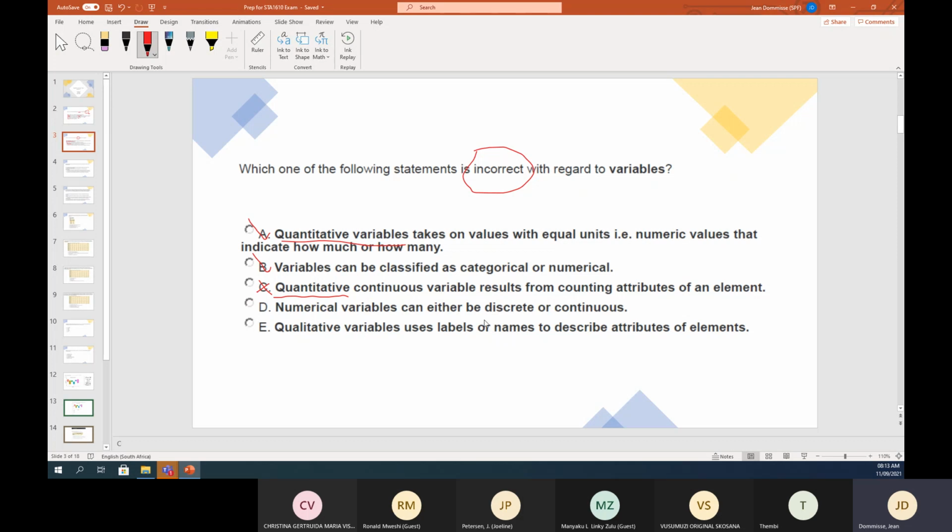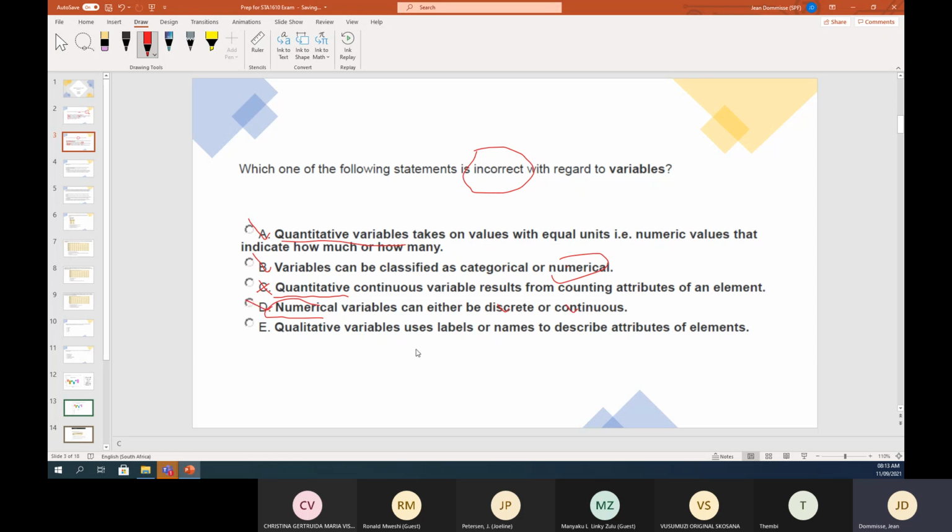Numeric variables can either be discrete or continuous. Again, remember numerical is also called quantitative, so it can be discrete or continuous. So that is correct.